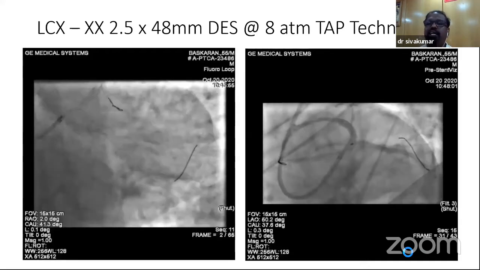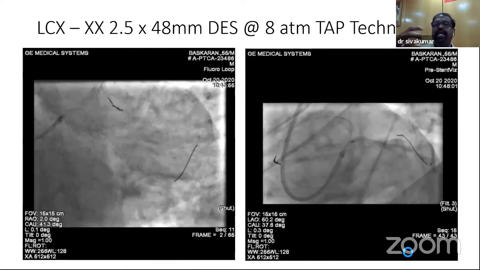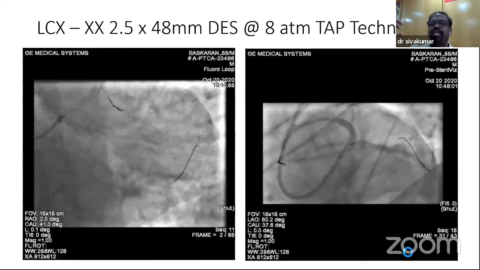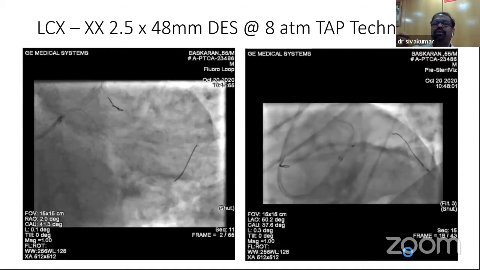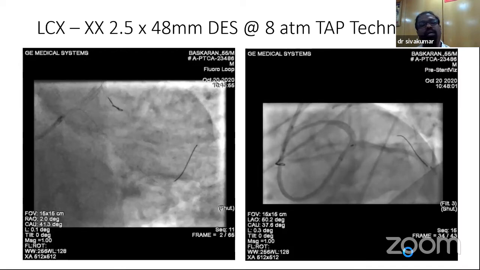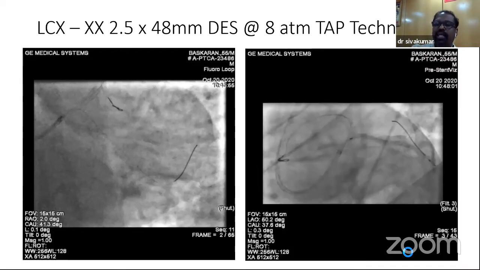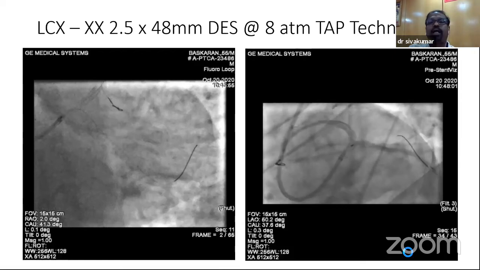I think it was not to my satisfaction, because with the splayed amount of the LM struts in the LCX ostium, I could have done a precise TAP without much protrusion to the LM. But even though I was aiming for it, it protruded a little bit more than what I expected.